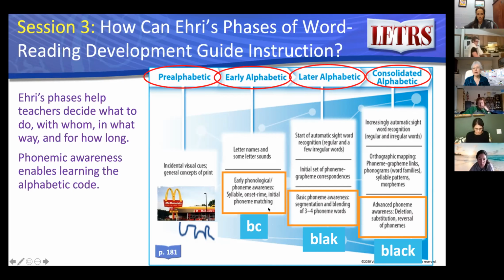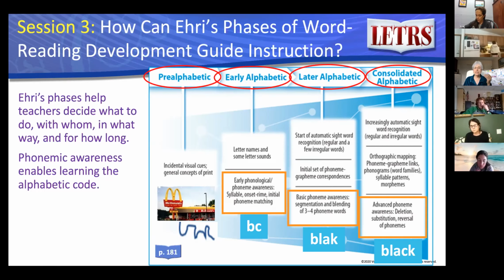So when I'm thinking about tier 1 students inside of a kindergarten environment, then the likelihood is that I'm building this idea of understanding a word can be created by syllables, by initial sounds within those words.